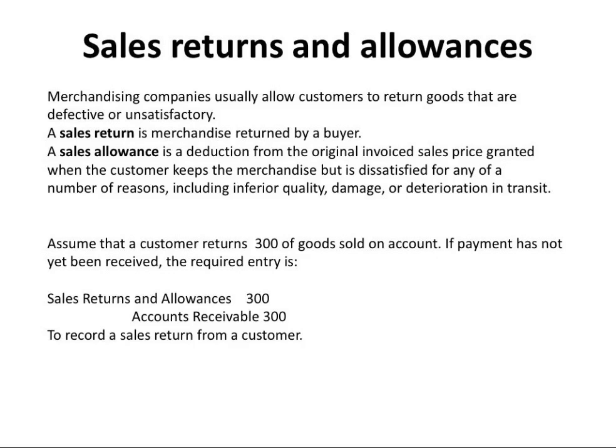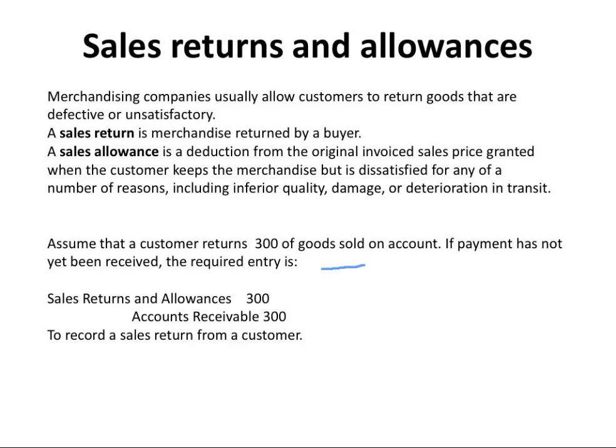Okay, unlike a service company where the company provides a service, you can't return the service or get an allowance for it. But with a merchandise company, the customer can return the goods and or want an allowance. That is, I'll keep the goods, but I want you to give me back some of the money I paid, or I'm not going to pay you the full amount. Assume a customer returns 300 of goods sold on account.